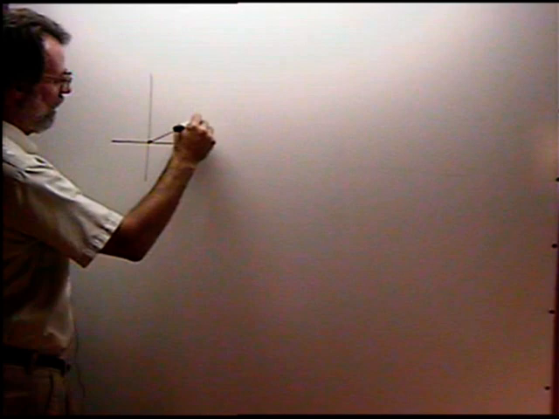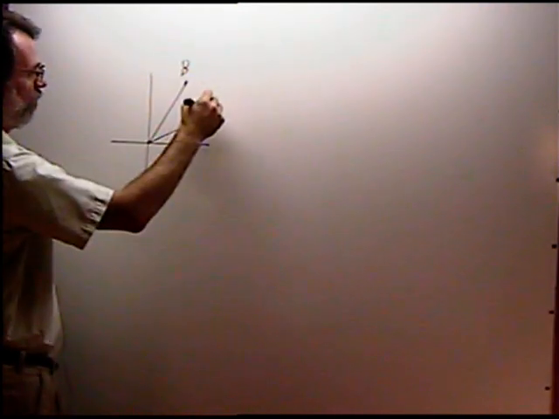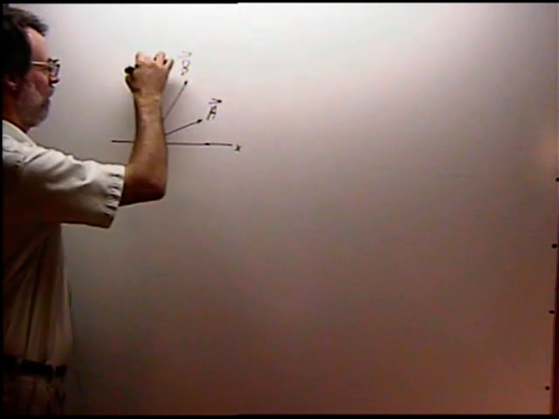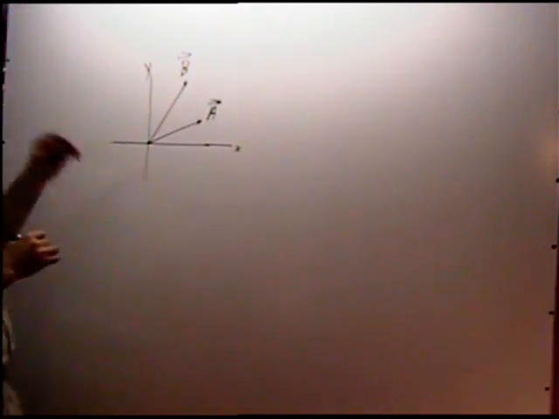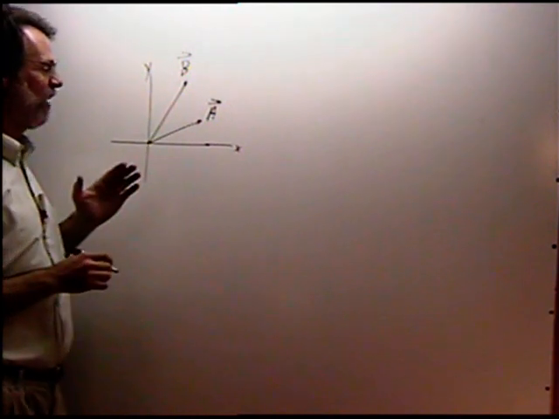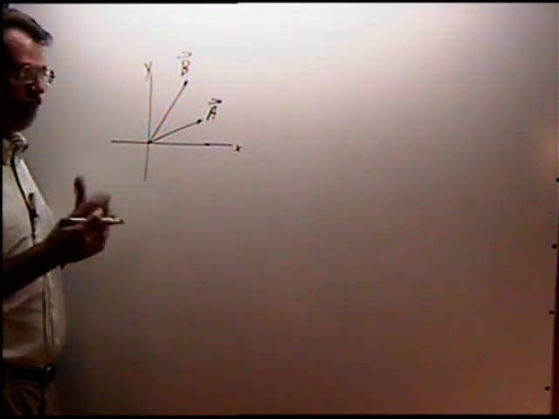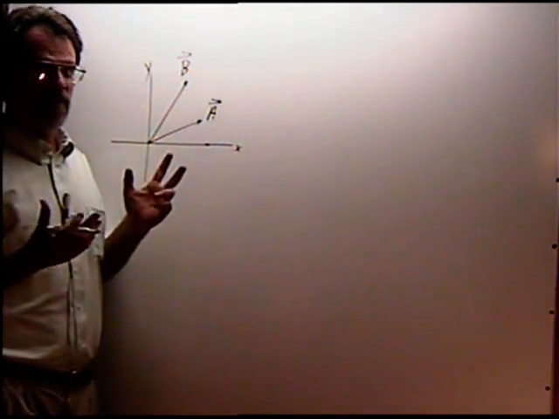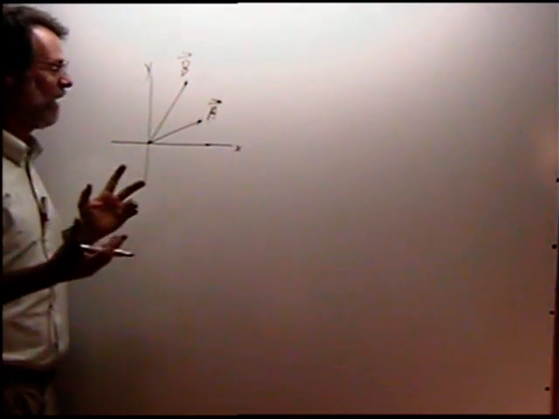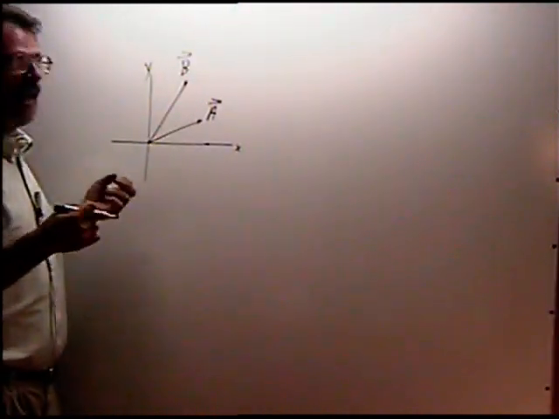I have vector A, and then I have vector B. This is the x-axis, that's the y-axis. Okay, there are two ways you can add vectors. There's a graphical way, and then there's an algebra way.